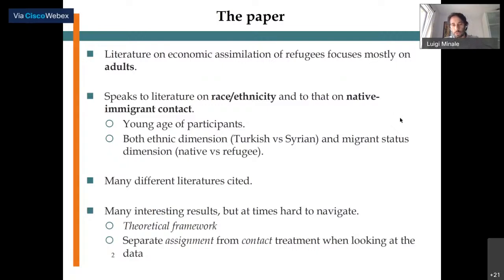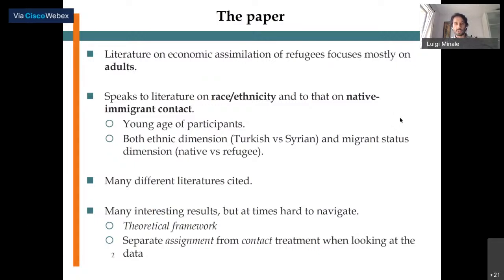Now, probably the most important comment of this slide, which I'm going to elaborate further in the next one, is that I found the paper having many interesting results. However, I found it at times a little hard to navigate through them because there are many different results and sometimes they go in different directions.